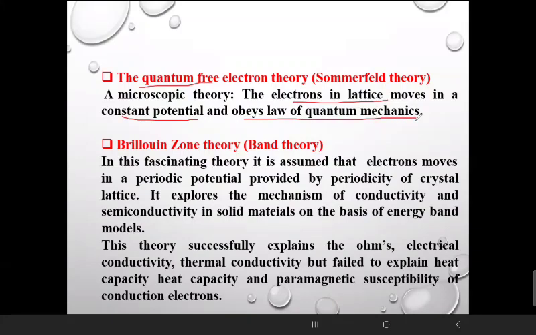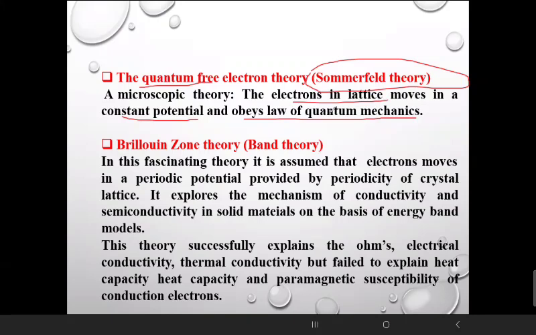The classical free electron theory obeys laws of classical mechanics. Here, it obeys laws of quantum mechanics. So that is the difference between quantum and classical free electron theory, but both are free electron theories. The scientist is Sommerfeld. Sommerfeld found this theory.